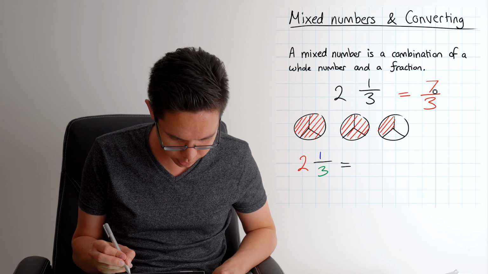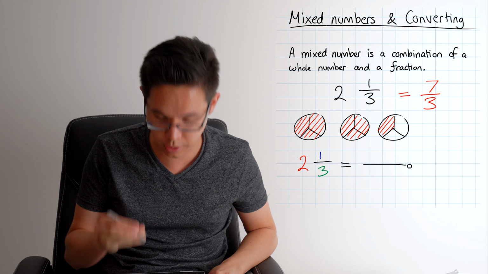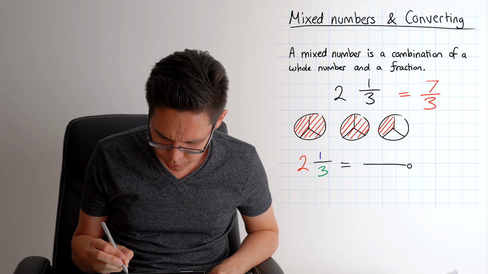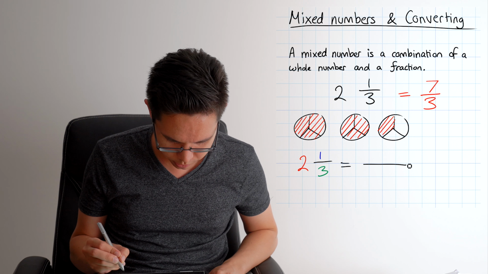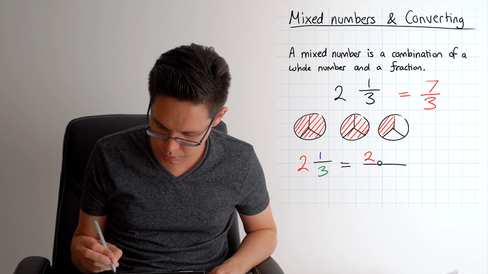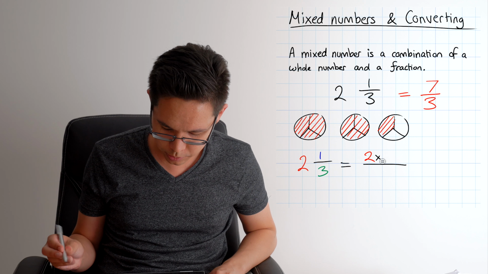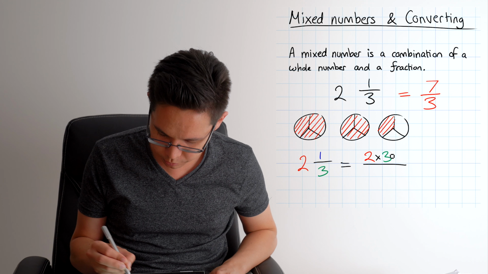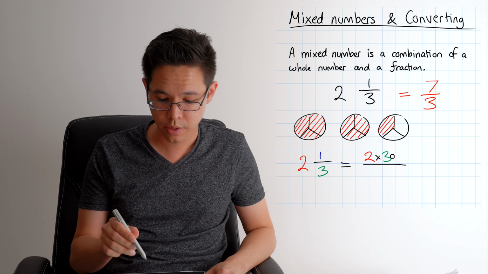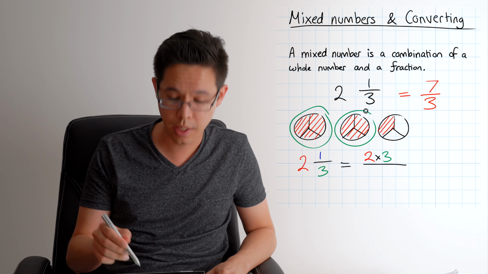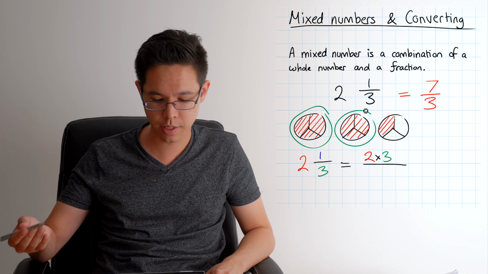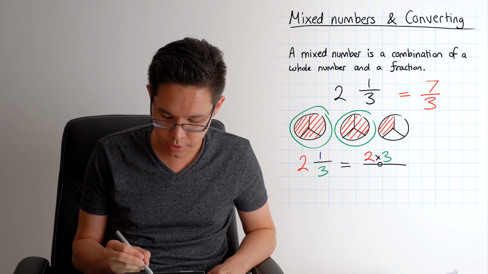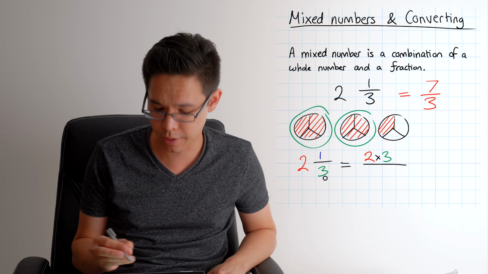I'm going to keep that line from the fraction, and I'm going to grab those 2 wholes multiplied by the 3 slices, because I've had 2 wholes, and each of them carried 3 slices. How many slices is that? Well, it's 2 lots of 3 slices, therefore 2 times 3. And you can see I'm pulling them from the original mixed number.